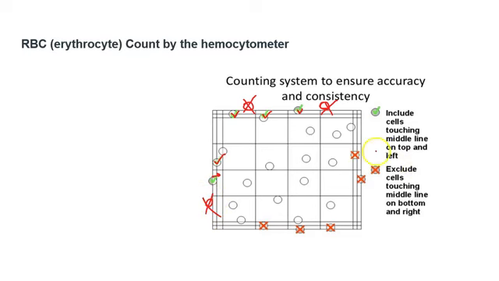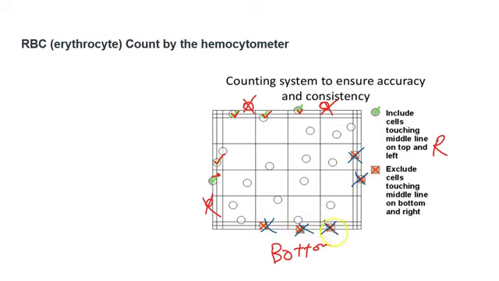But look here. There is another story for the right and bottom edge. If they are touching the midline on the right side or beyond the midline, we're not going to count them. Look at this. This is touching the midline. This is touching the midline and third line.